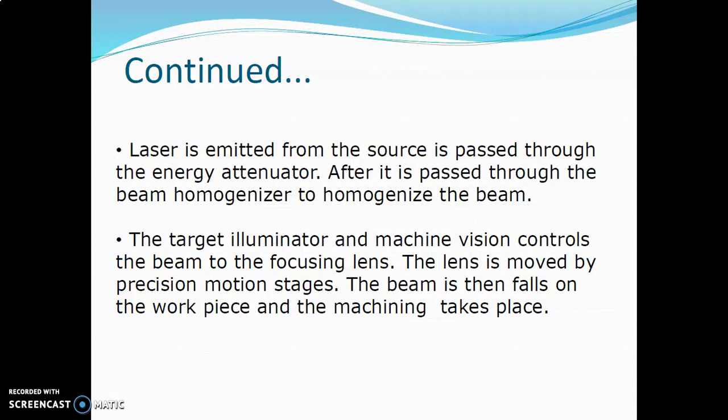The lens is moved by the precision motion stages. The beam then falls on the workpiece and the machining takes place. So actually this is the control system you can see, and that is used to remove the material.